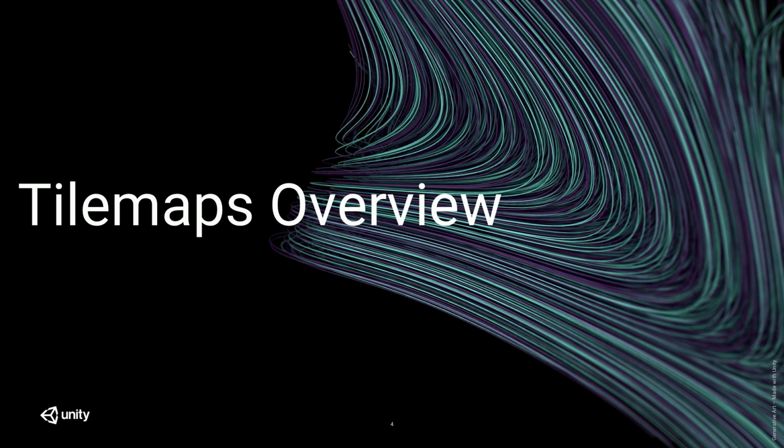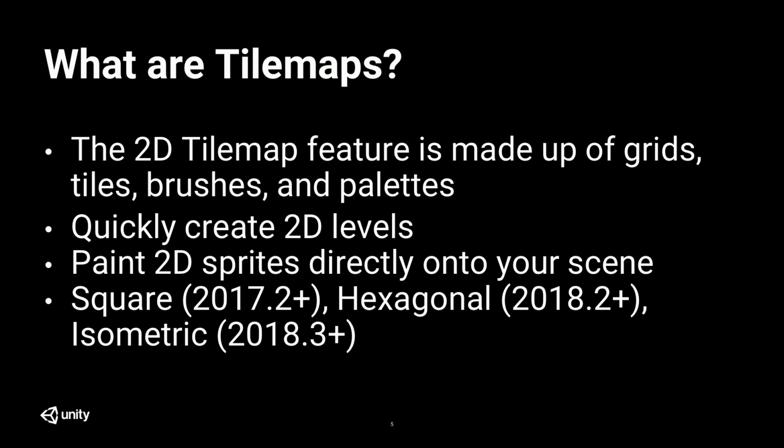So I'm just going to talk about tile maps and explain what they are, and hopefully everyone will be on the same page about tile maps. The tile map feature is encompassed of a lot of different things. It's the tiles, the brushes, the grid, and the palette. You can quickly create 2D levels using tiles and a grid overlay, and you can paint that directly onto your scene.